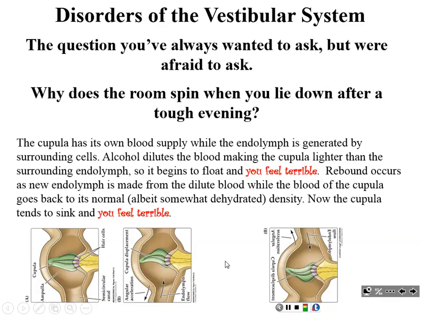I mentioned before that the endolymph has one source of blood, the stria vascularis. The cupula has its own source of blood. So alcohol dilutes the blood, and that goes into the cupula faster than it goes into the endolymph. So basically, the cupula, the gelatin-like structure inside the semicircular canals, is lighter.